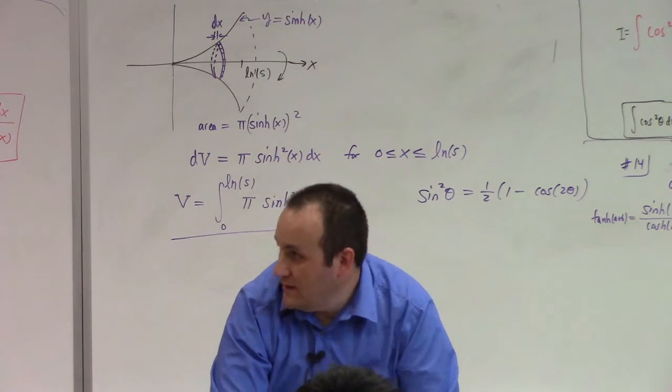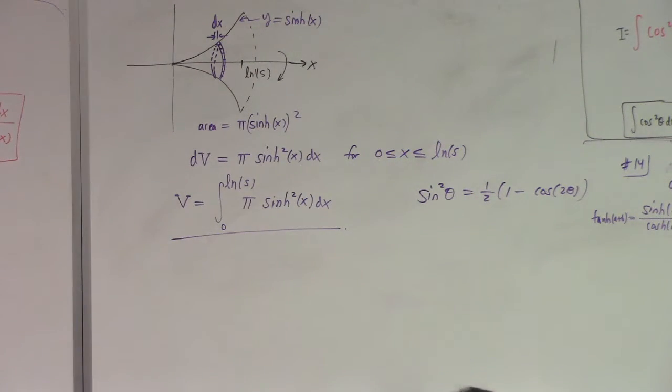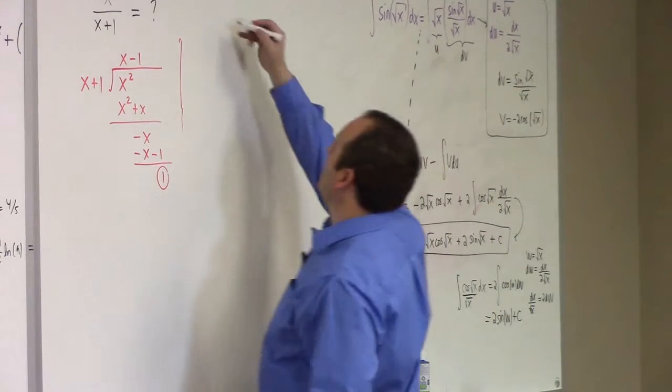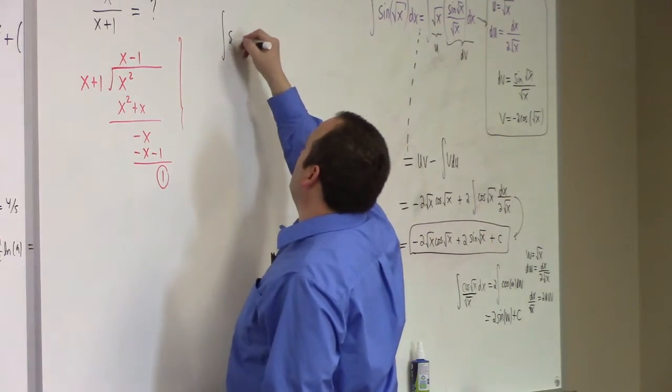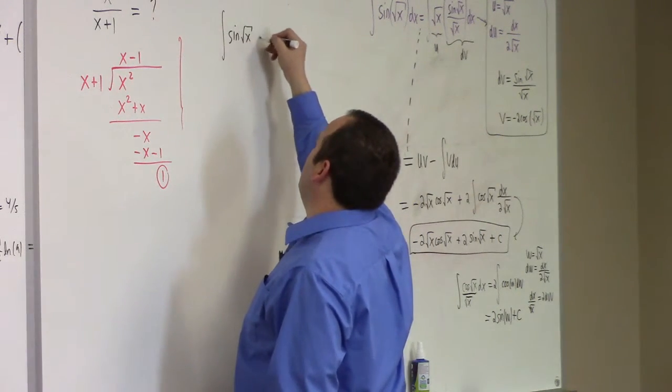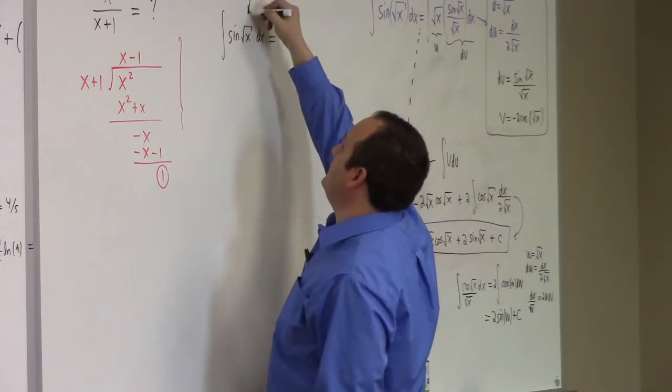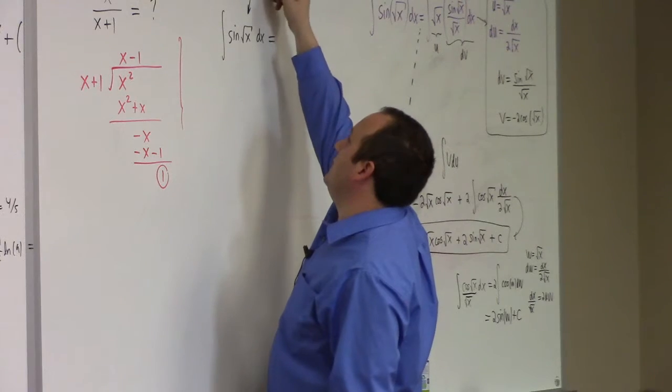I suppose an alternative way to attack this would have been something along the lines of, I'm faced with the integral of sine of the square root of x dx, right? And so what I would do is say, let w equal the square root of x.